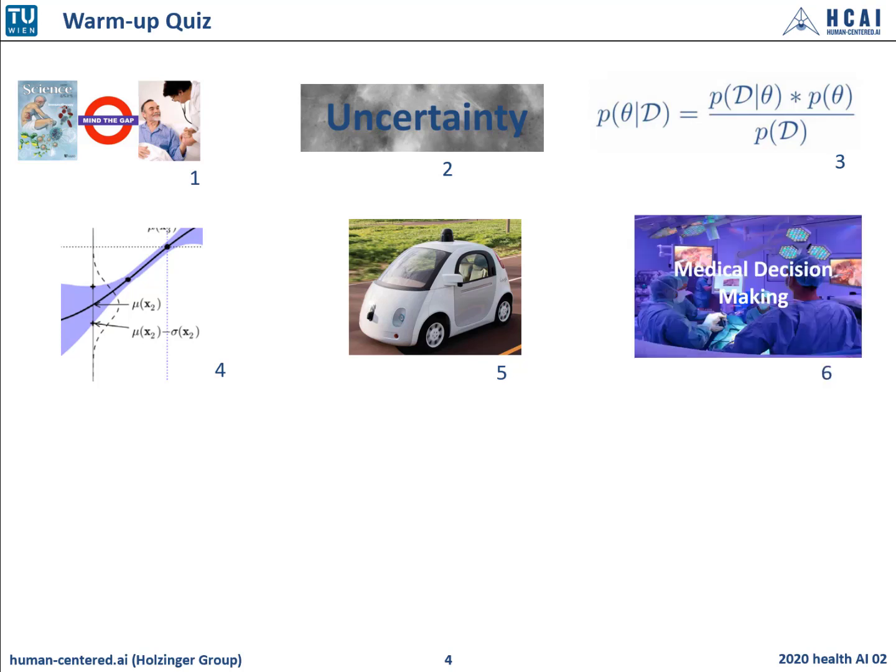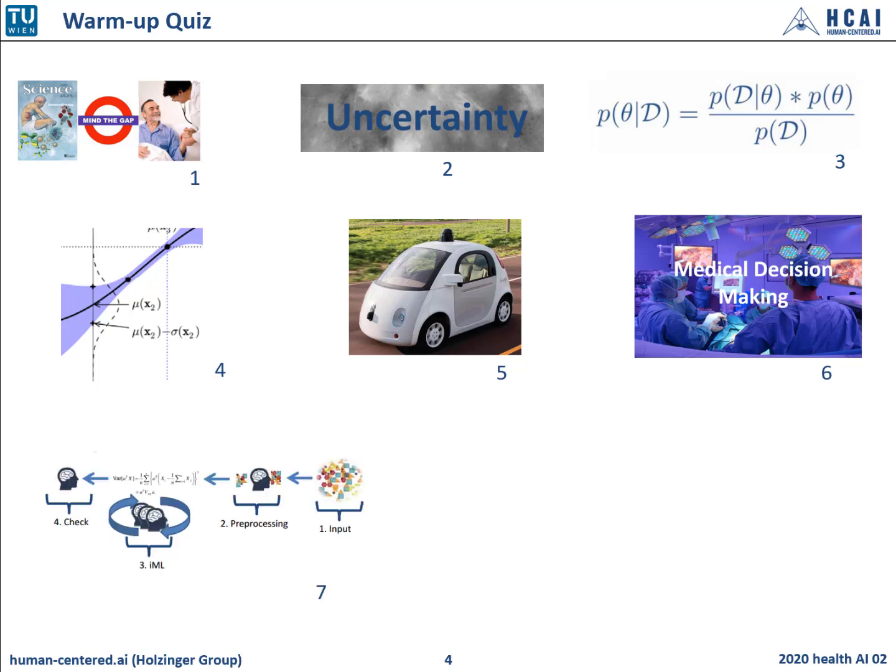Question number 6. Medical decision making is a search task in arbitrarily high dimensions. Why is the problem bigger the more bedside you go? Number 7. What is the benefit of this human in the loop?